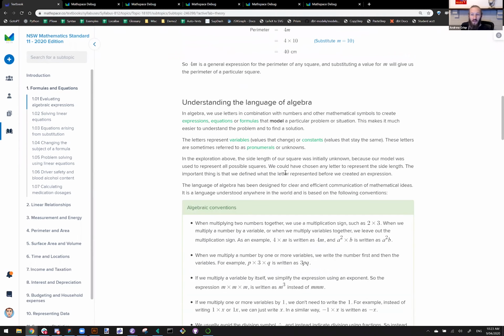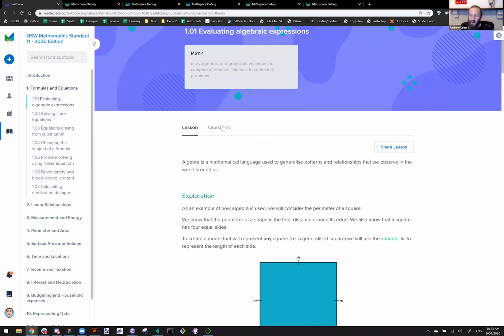If you got a little bit lost in any of the explanations that I gave just now, then take a look at the lesson, and then you can always open up the questions and look for their solutions. Same thing with solving linear equations. That was that Fahrenheit Celsius question I just showed you. And then equations arising from substitution, very similar to the one that I just looked at.